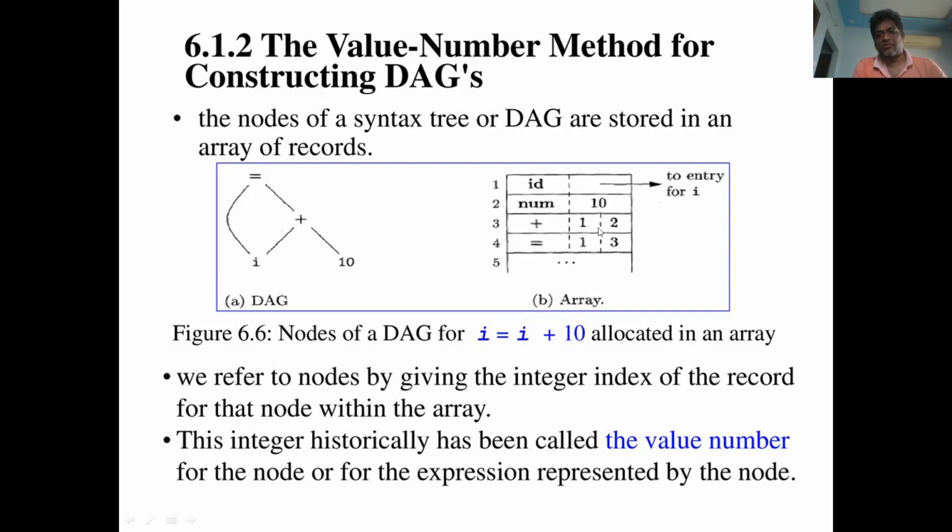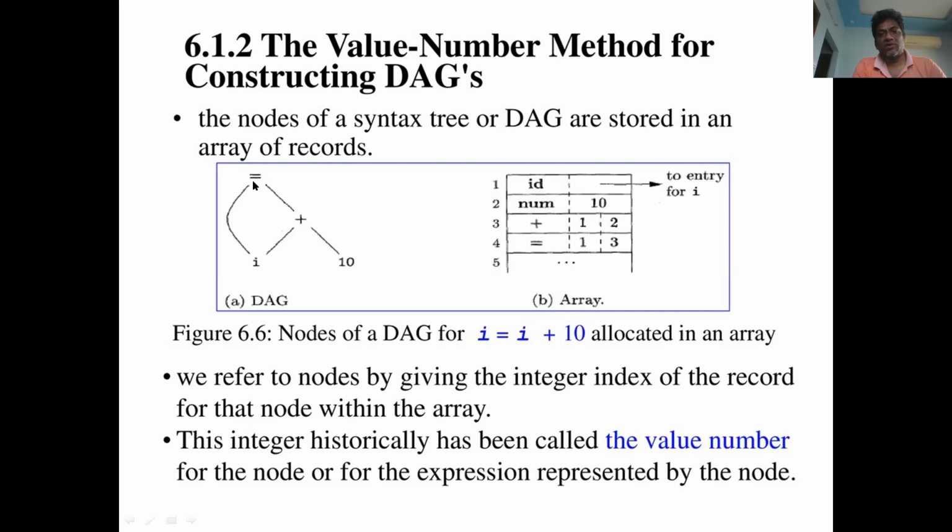What this means is, this index 3 means that you are going to take the value from 1, that is id, a link for I. So whatever value is there in I in the symbol table, get that value and substitute it over here, and then this 2 represents this position, and whatever value is available here will be taken over here. That means this represents I + 10, this operation.